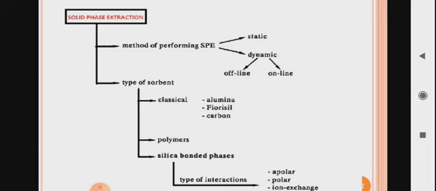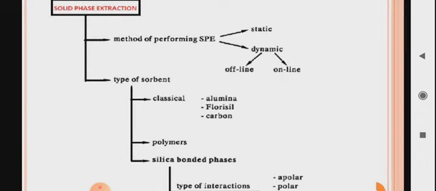Then types of sorbents: alumina, fluorosil, carbon, so many examples of sorbents on the basis of the interaction with the analytes. Are they polar, non-polar, or which type of anions or cations are present on the analytes. Accordingly, we can select sorbents.